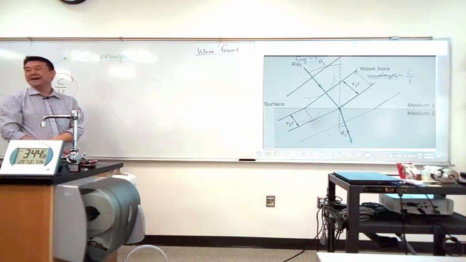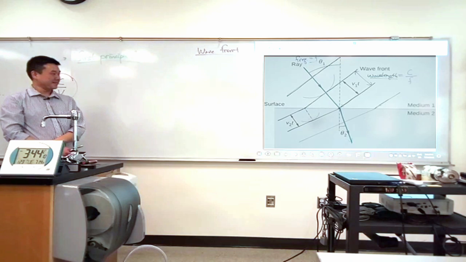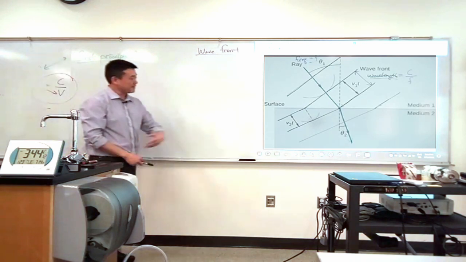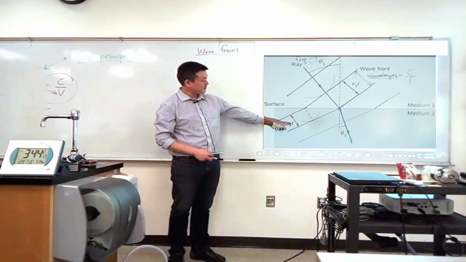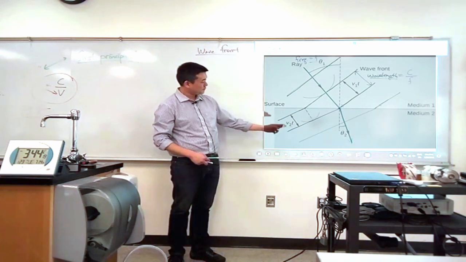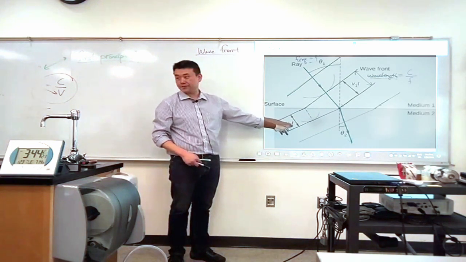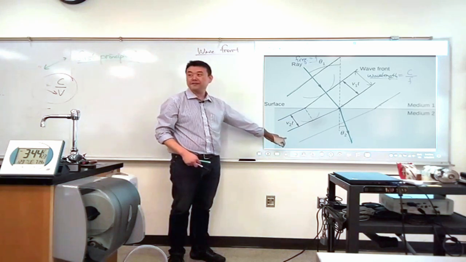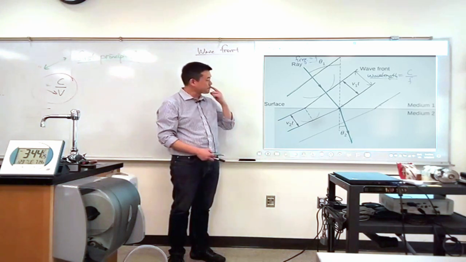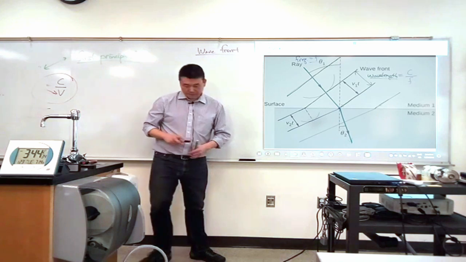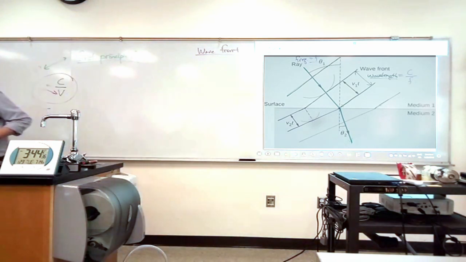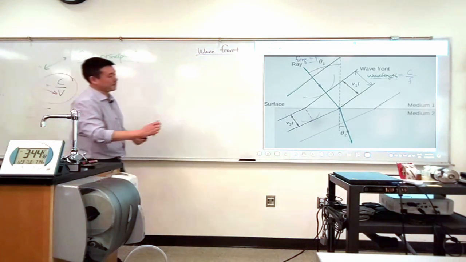Let me see if I can. Let's see. I think these two labels are supposed to be useful. So t is the period, v times t gives you the wavelength. All right. I feel like what I should use is, sorry, I didn't work this out beforehand.